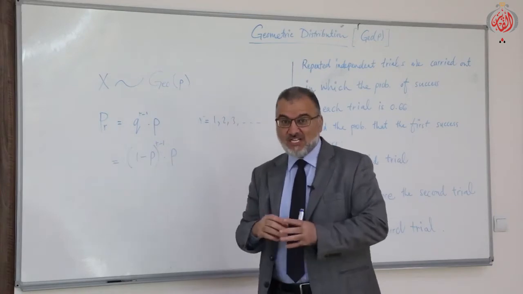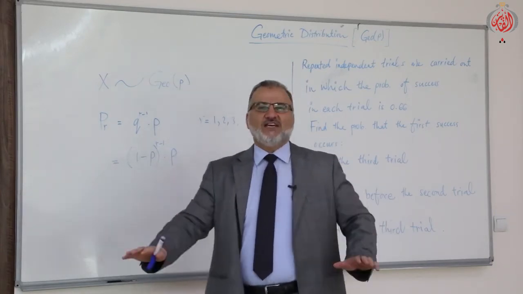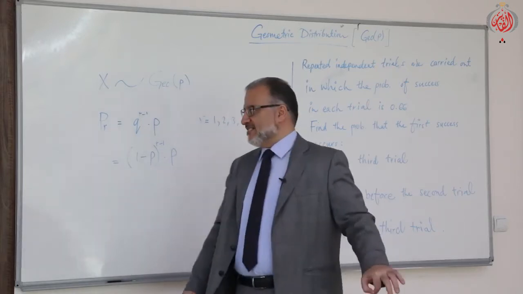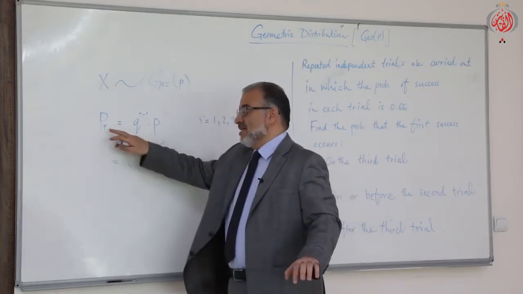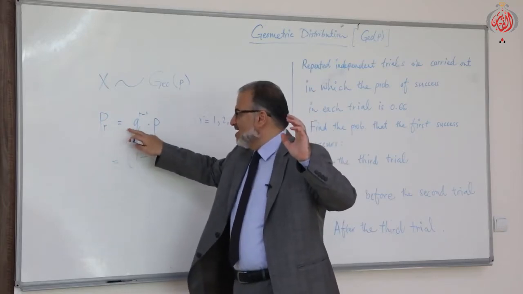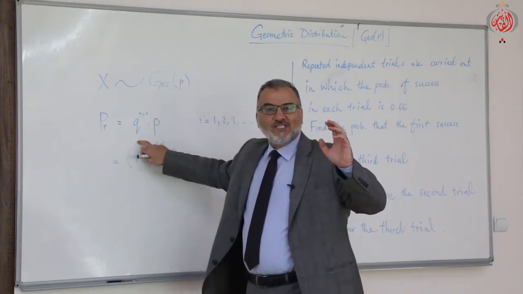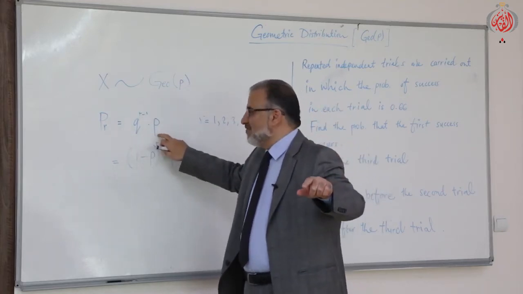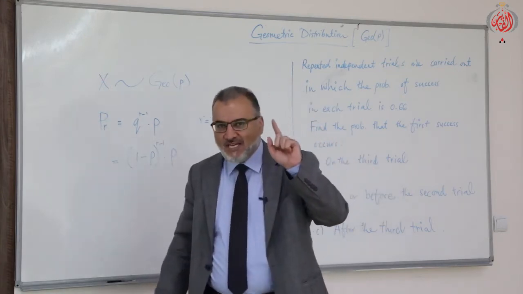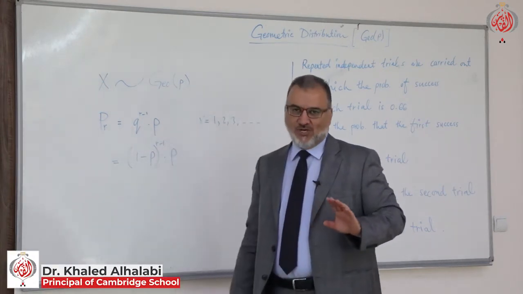When I say 15, it means the first 14 were failures, then the 15th is the first success. That's why, in spite of the fact that I did 15 tosses of a coin, 15 minus 1 is 14: the first 14 were failures, then the 15th will be success. Through that rule, inshallah, we will solve questions.